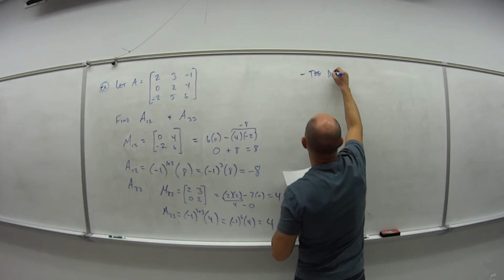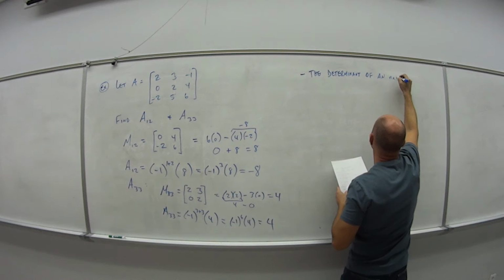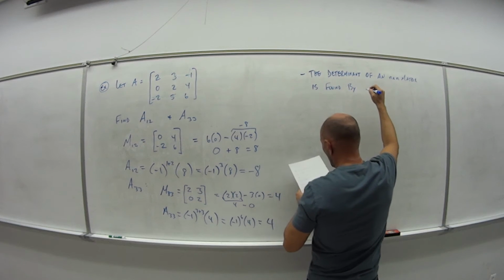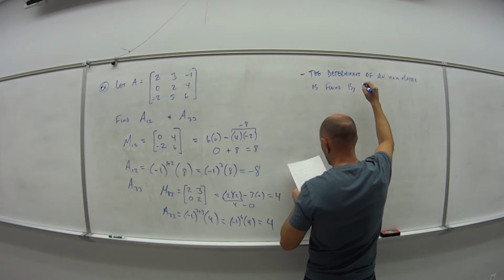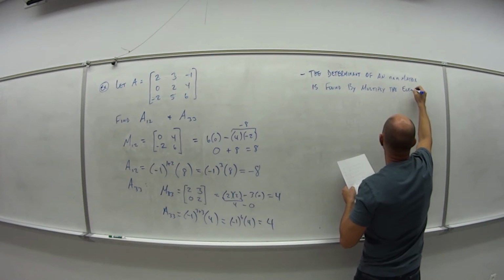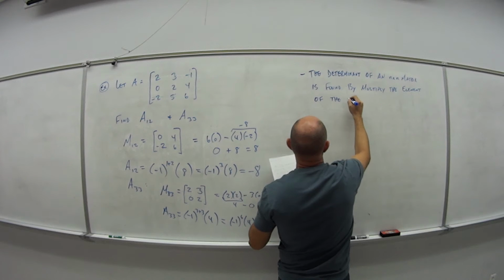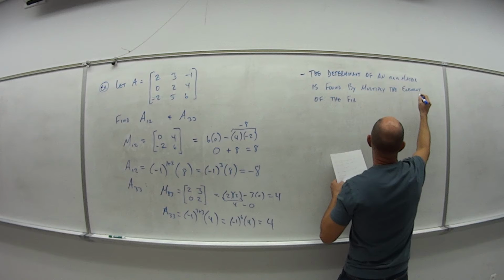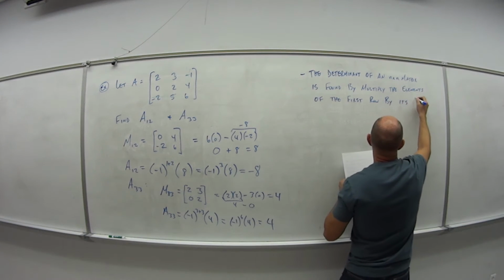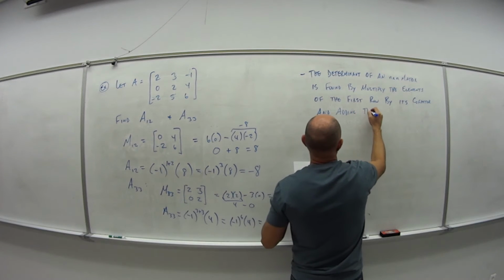The determinant of an n by n matrix is found by multiplying the elements of the first row by their cofactors and adding the results.